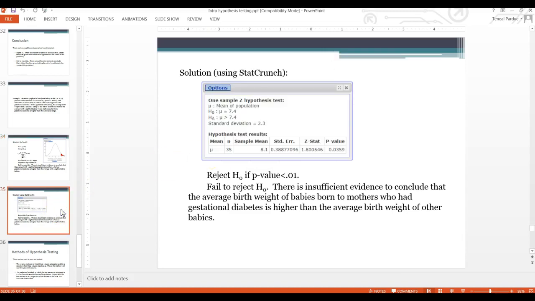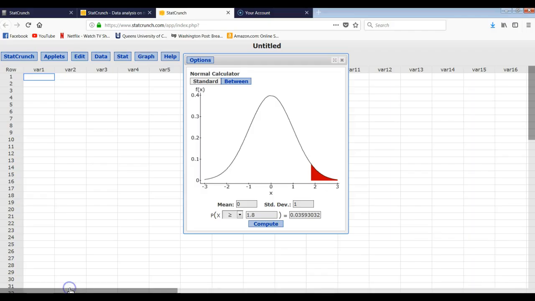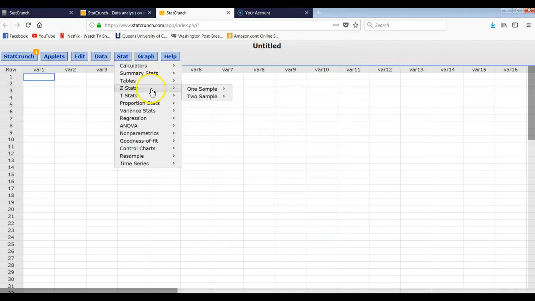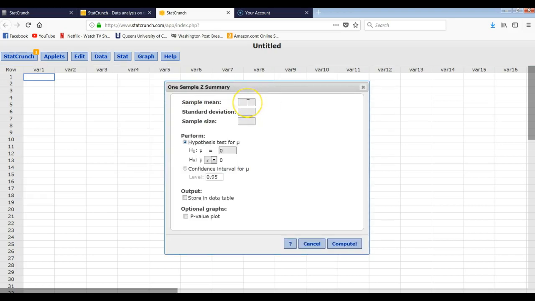However, on problems that you're not asked to do by hand, you just have to go over to StatCrunch and go to Stat, Z Stats, one sample with summary. We had a sample mean of 8.1, standard deviation was 2.3, the sample size was 35.